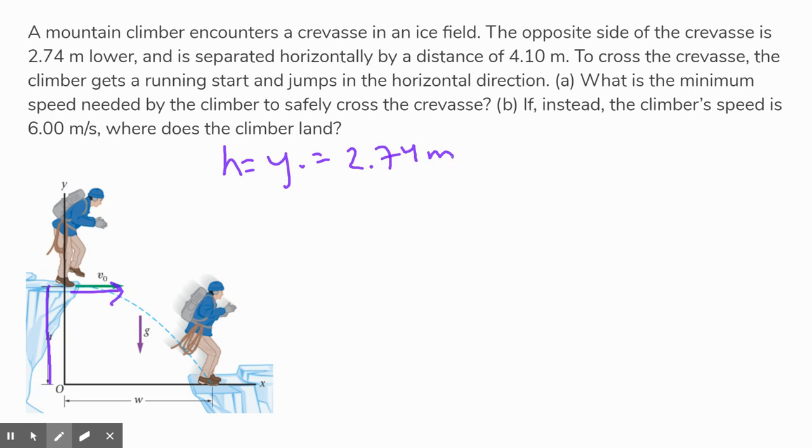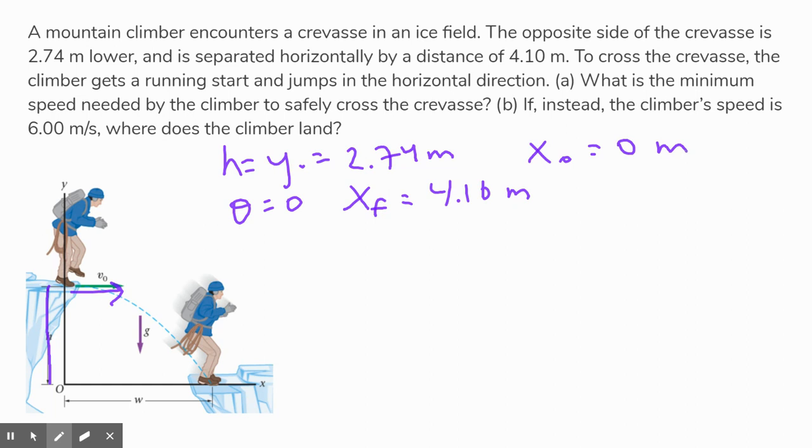The theta is 0, in case we need that information. Our final x position is 4.10 meters, and the initial x position is just 0.